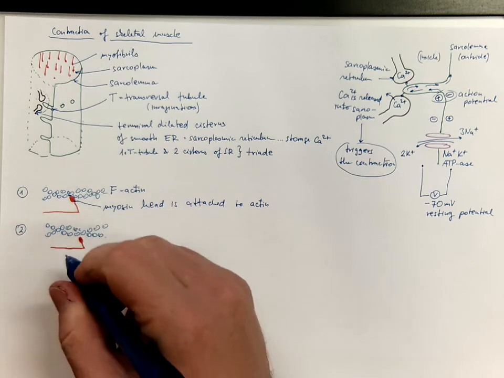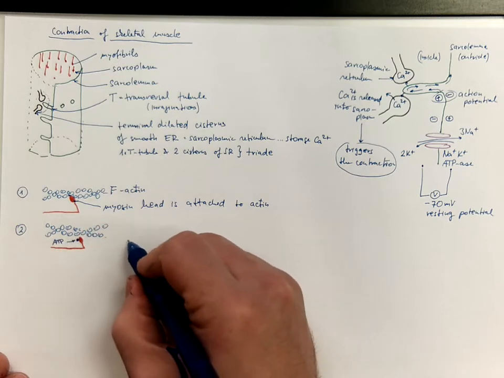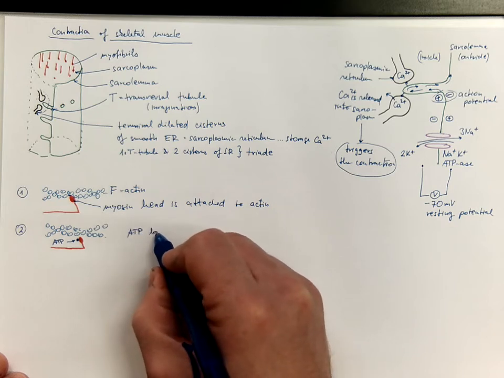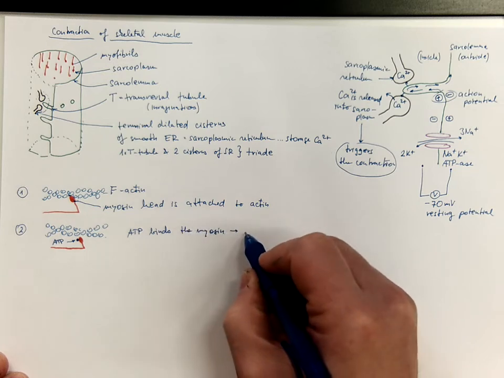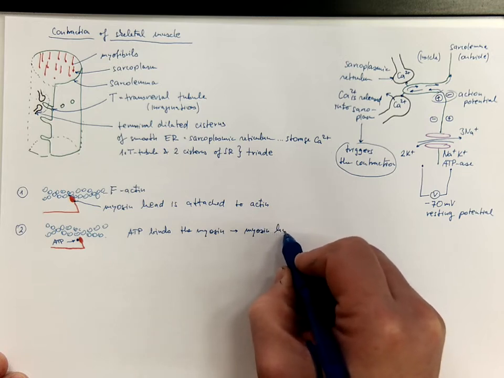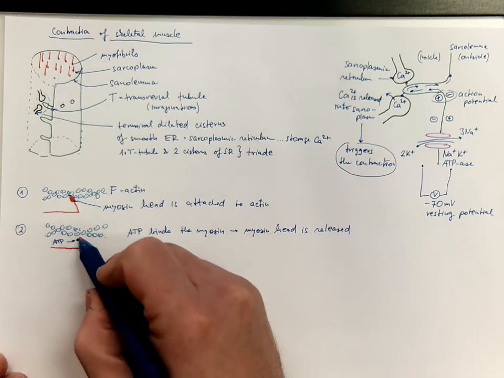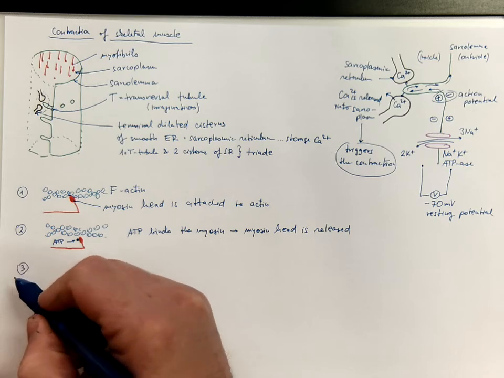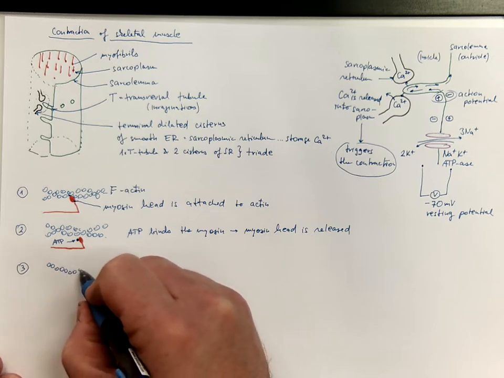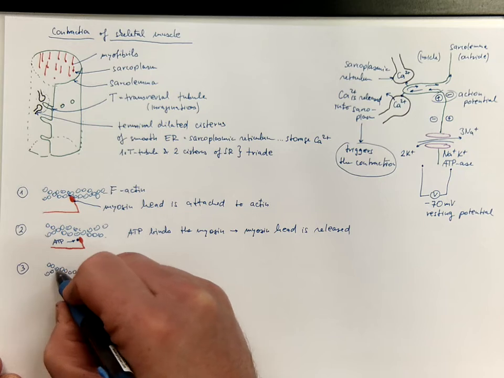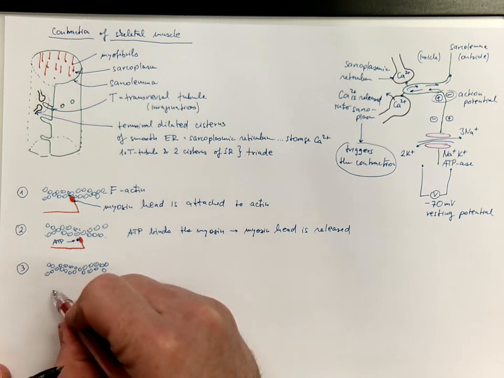So there's an ATP, and once the ATP binds, the myosin head is released. So it's not bound to actin anymore. In the next step, the hydrolysis of ATP occurs, which releases some energy.